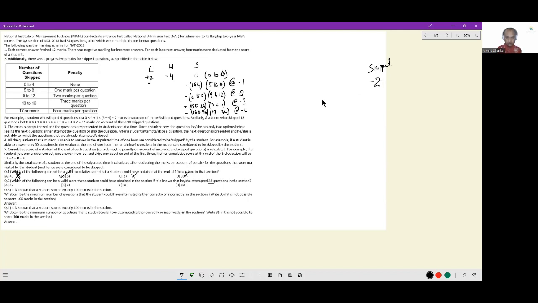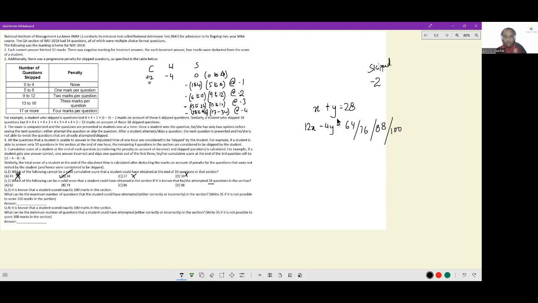So now, the next thing we have to do is, let's say the number of correct questions he attempts is X, the number of incorrect questions he attempts is Y. X plus Y is 28, and checking through options, we have 12X minus 4Y is either equal to 64 or 76 or 88 or 100.